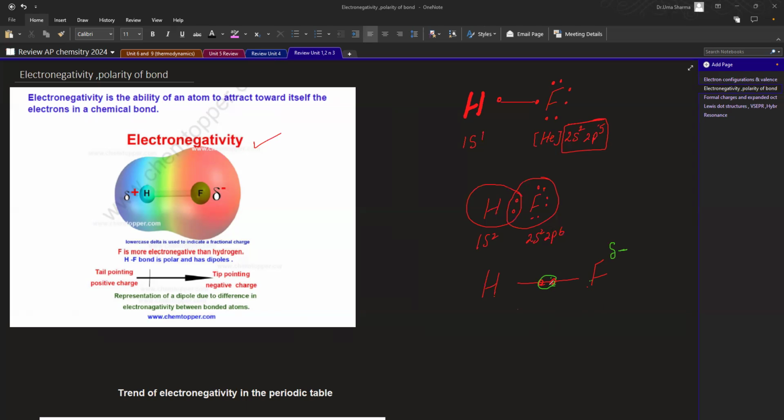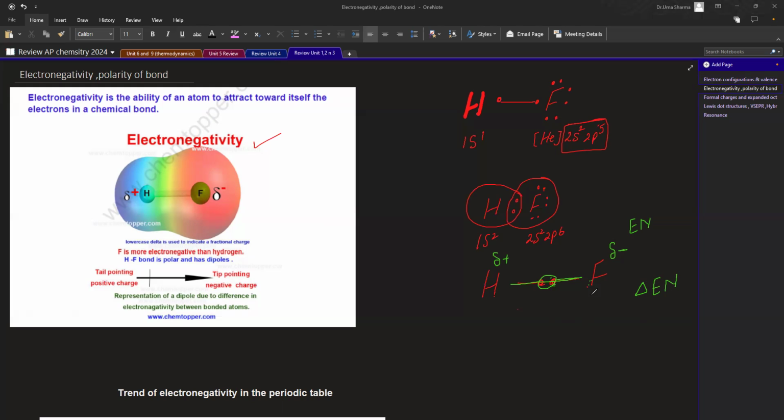Because the electrons have gone closer to fluorine due to electronegativity, hydrogen will have delta positive. The bond, which should be neutral, has slight positive and negative charges. These charges are due to the difference in electronegativity.